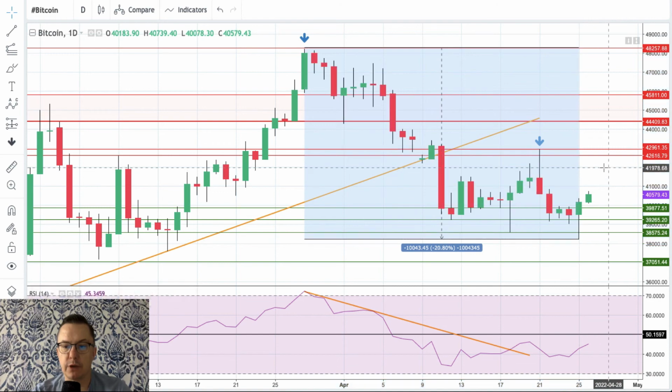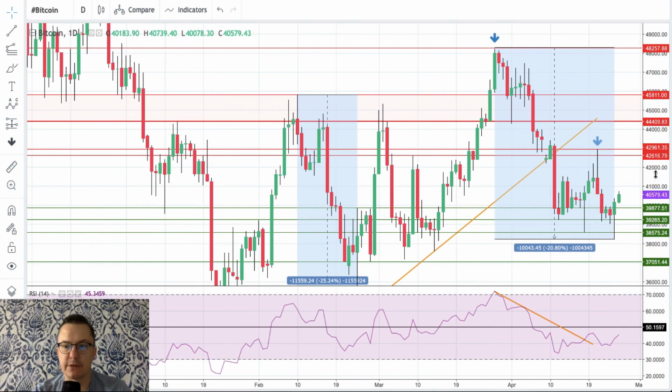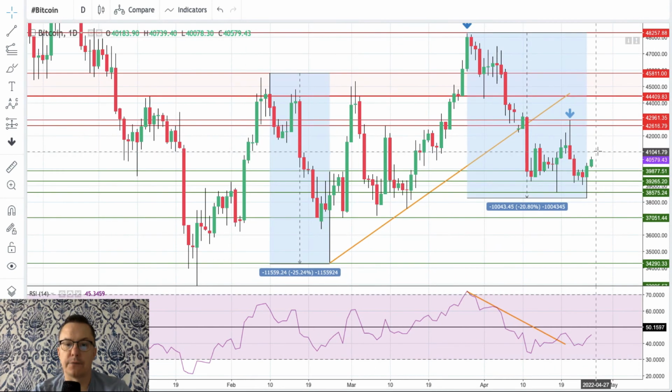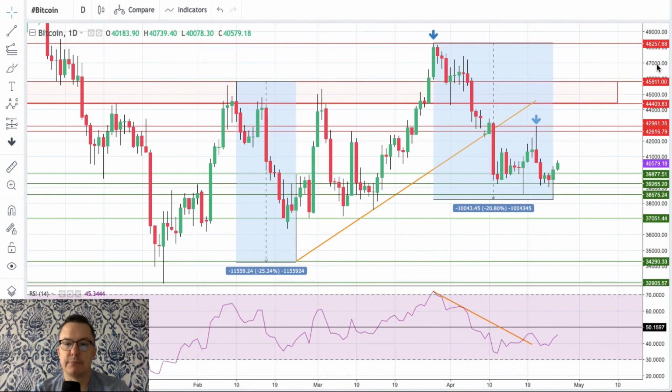Where would we go after 20% of the retracement of the correction, which is still lower than 25% of the last bigger correction? We are still below the short-term trend line, below key technical resistance, and below the supply zone.